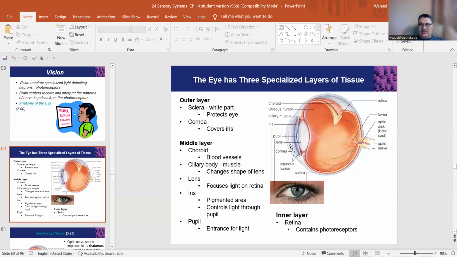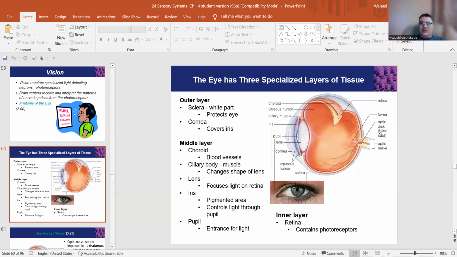It will be bent down to go into the next part, and we will discuss that. I'm just talking about why we have each one of those. So sclera is for protection and to prevent light from coming in. Cornea is to permit the light to go in, and refraction, bending the light rays.